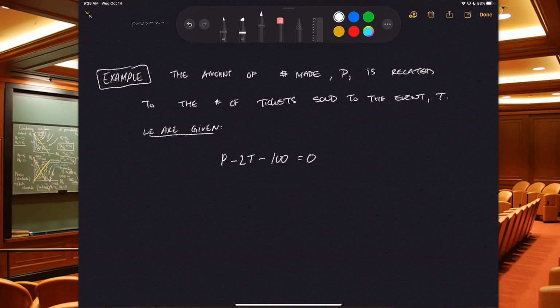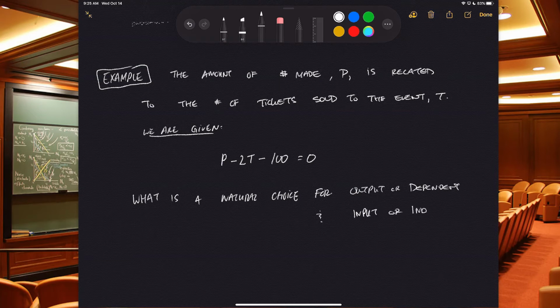So we might be asked, what is a natural choice for the output or dependent variable and the input or independent?